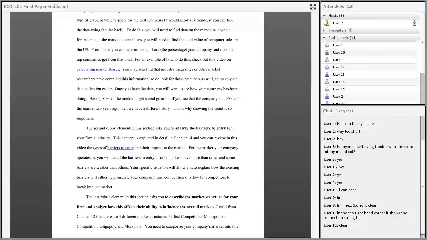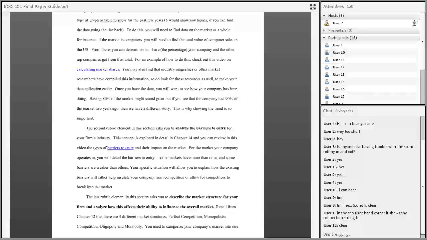Once you have identified the market share, you want to examine what the barriers to entry into that market are. The barriers to entry could be, for example, economies of scale. So if you are in a market like the automotive industry where there are big economies of scale, that could be a barrier to entry, because it might be difficult for a new automotive company to enter the market.